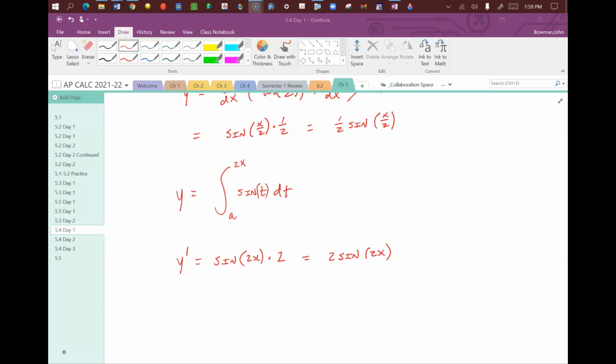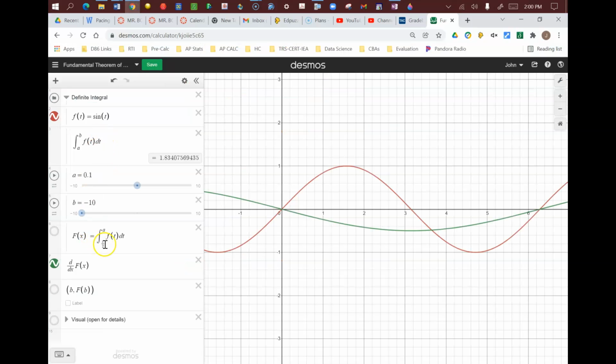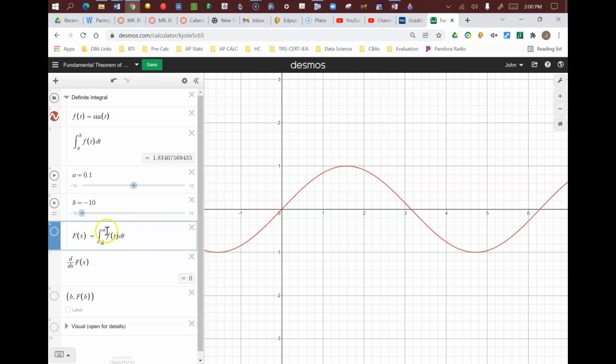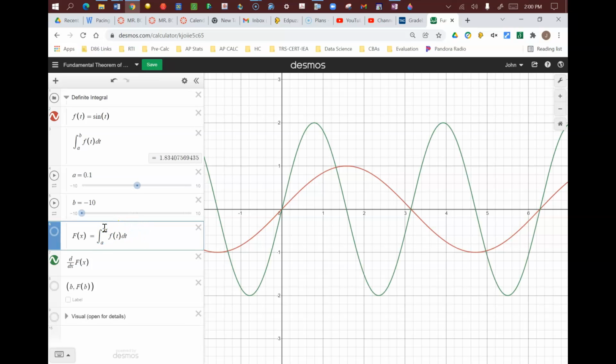So if you figured that out correctly, if y is defined as the integral from a to 2x of sine of t dt, then y prime, the derivative of y, should be equal to 2 sine of 2x. We're going to take just a moment here and put that into Desmos and verify that that's what we got. So our lower limit of integration is going to be a, and our upper limit of integration is going to be 2x.